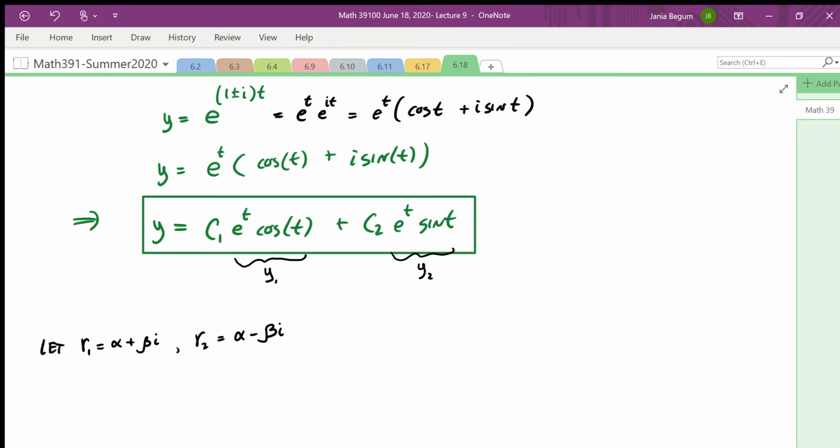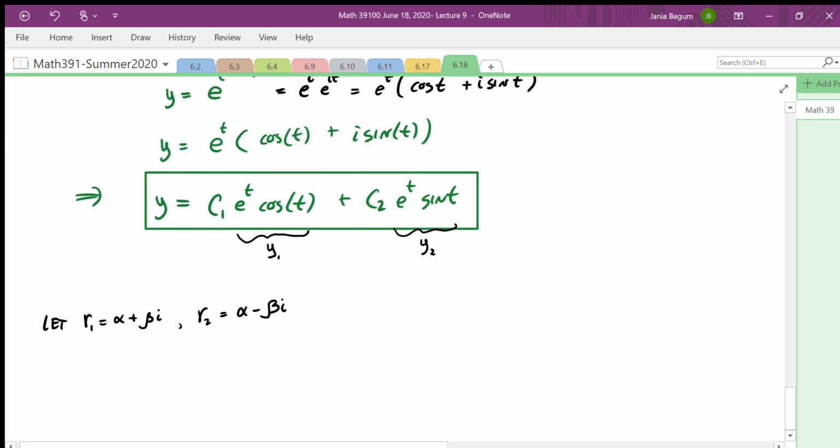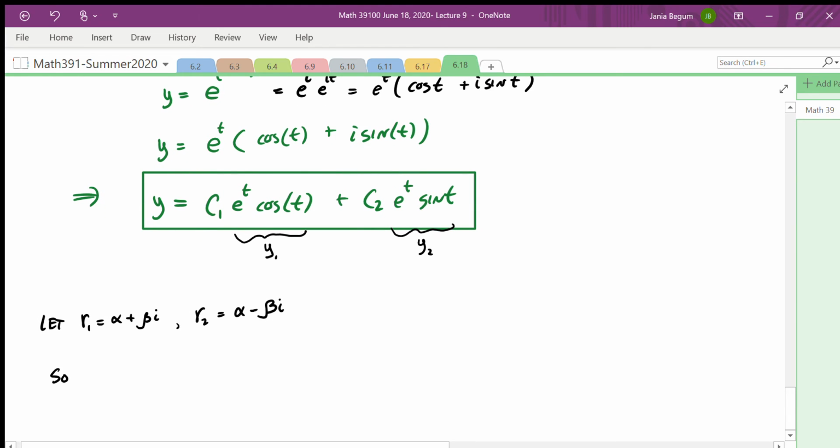Okay? Now we want the general solution. So our general solution has the form y equals c1 e to the r1 t plus c2 e to the r2 t, right?